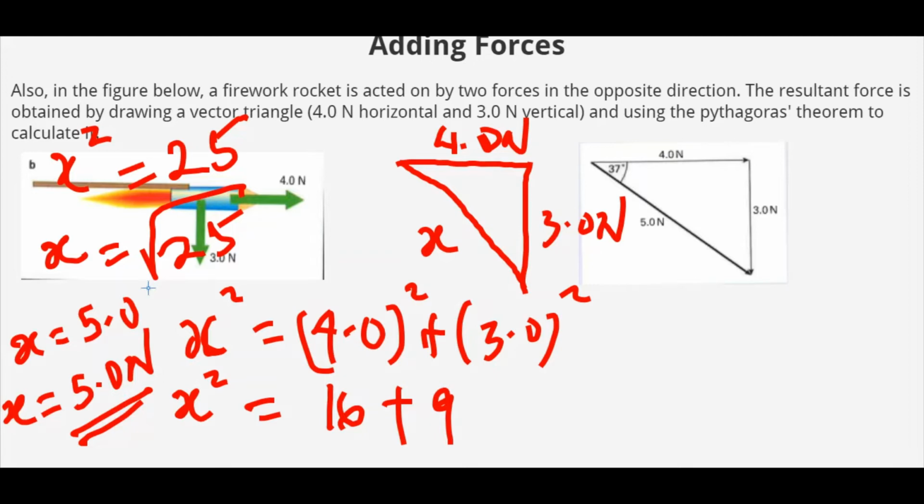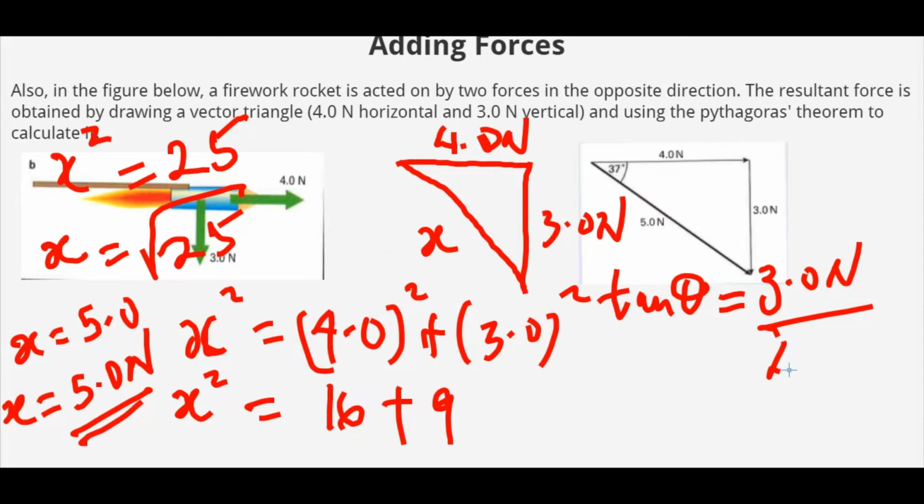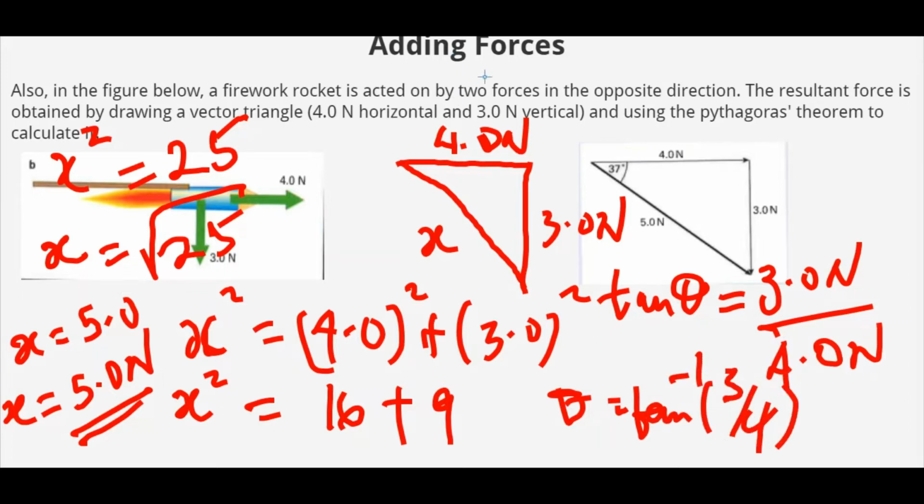But at which angle? That means we can use tangents to solve this particular question. Then tan theta is equal to the force acting downward, that is the opposite side, 3.0 Newtons, divided by the force acting on the horizontal side, the adjacent, 4.0 Newton. Then theta becomes tan inverse of 3/4.